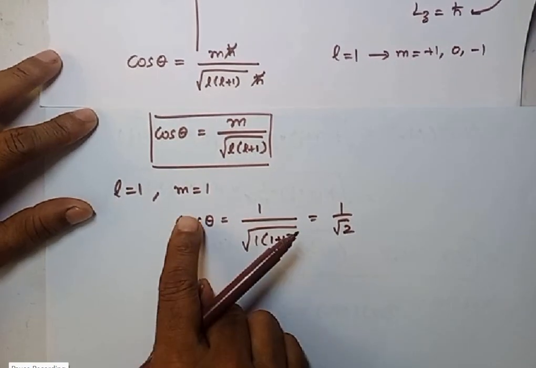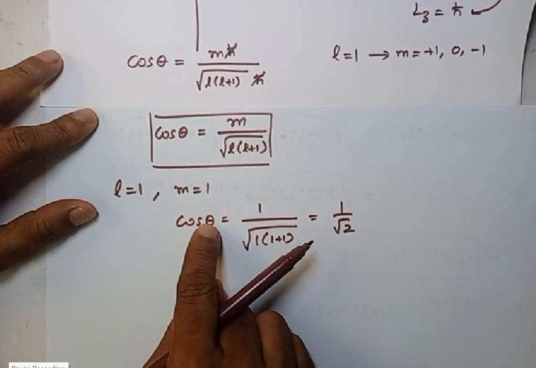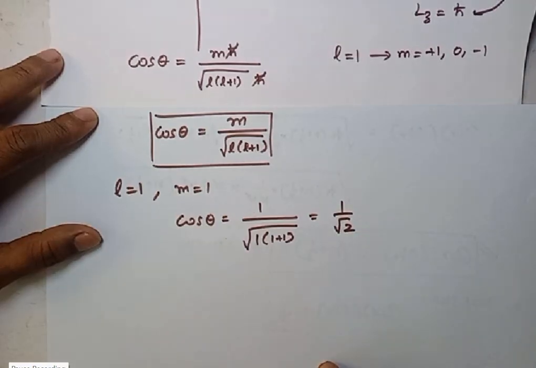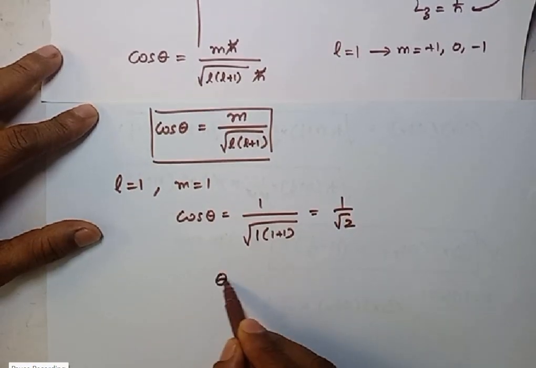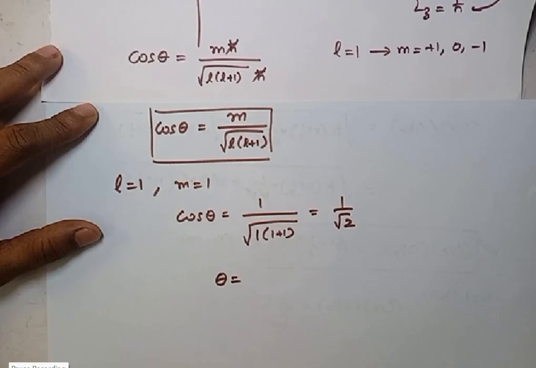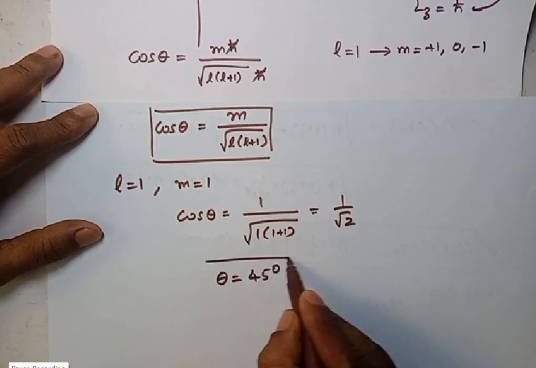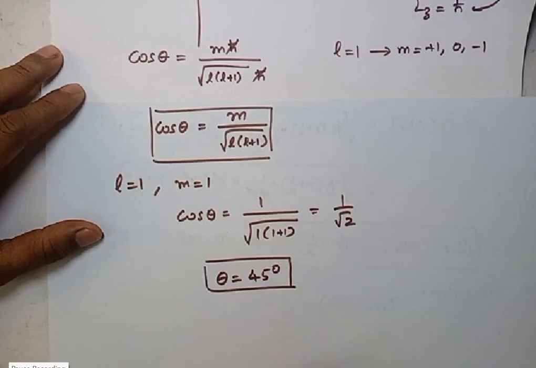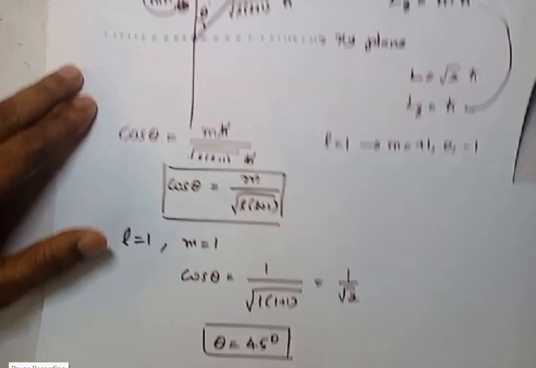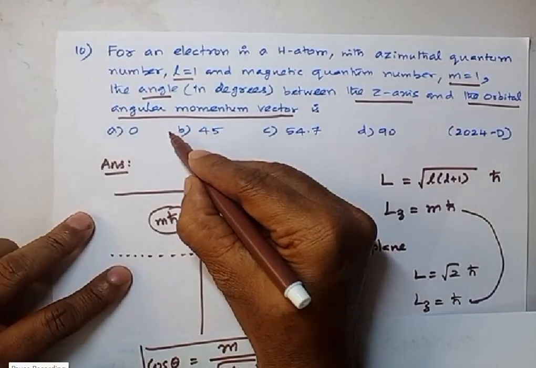Which theta angle for cos theta will give 1 by root 2? Anyone tell me? 45. Yes, right. So theta is equal to 45 degrees. It's a very simple one. So the correct option for this question is option B.